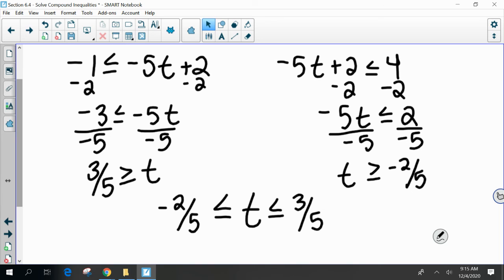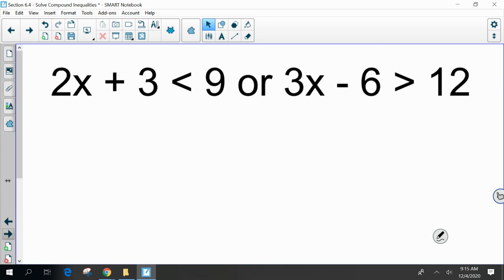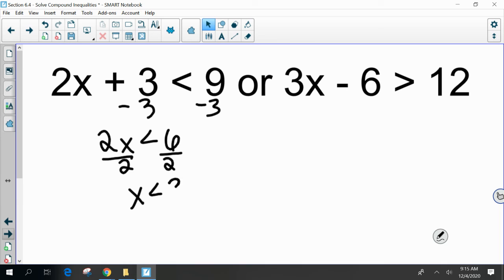Okay, so the next one that we have, it's an or, not an and. So the or problems are already split apart for you. So you basically are just solving two different inequalities. So for this one, I would subtract 3, and I would have 2x is less than 6, divide by 2, x is less than 3.